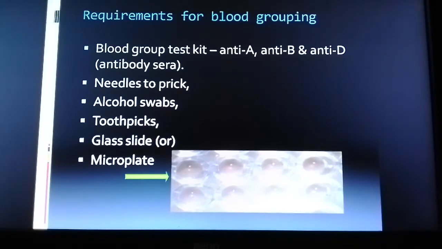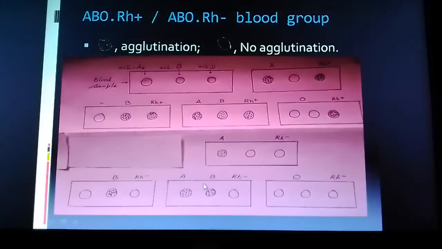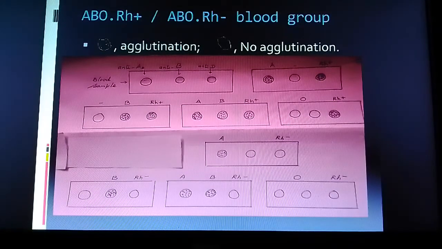Then you can mix the antiserum and the blood sample with separate toothpicks. After some time for the agglutination process, you can observe the slide of each drop.